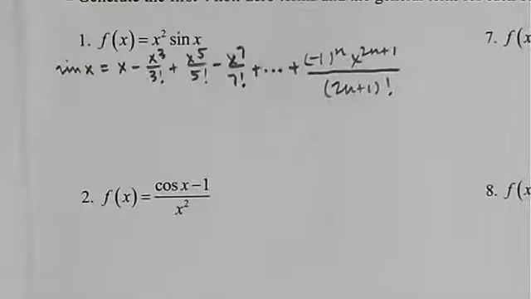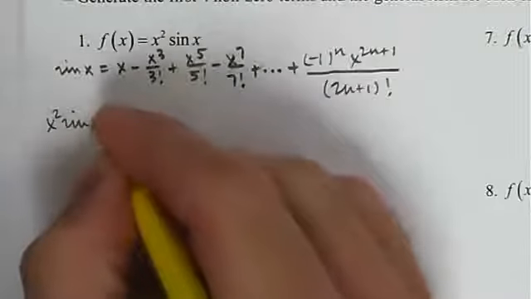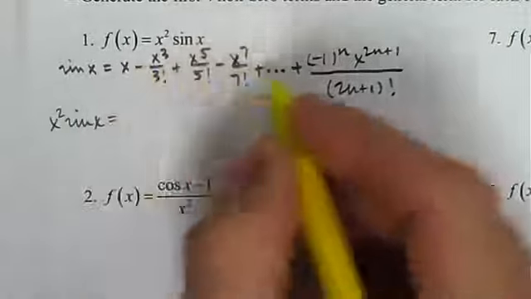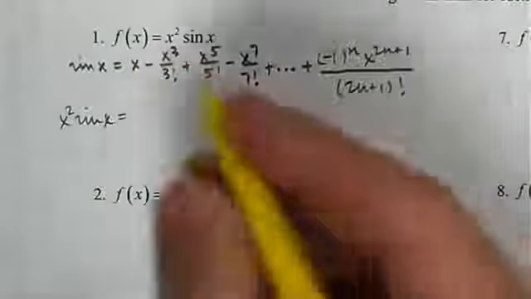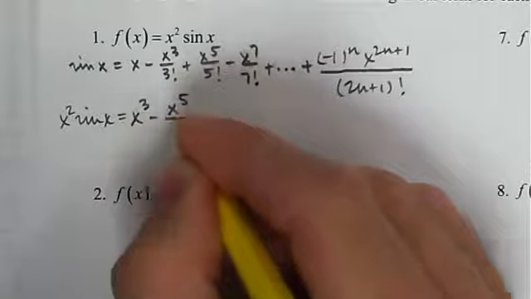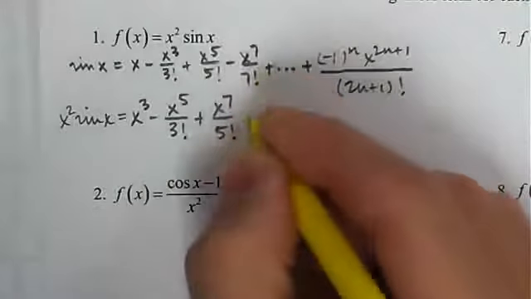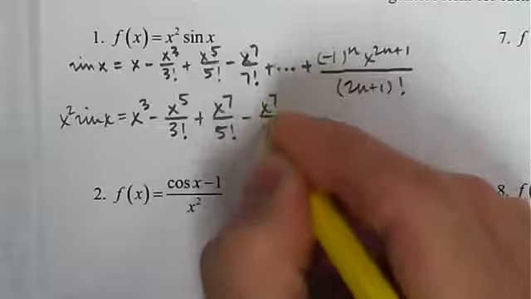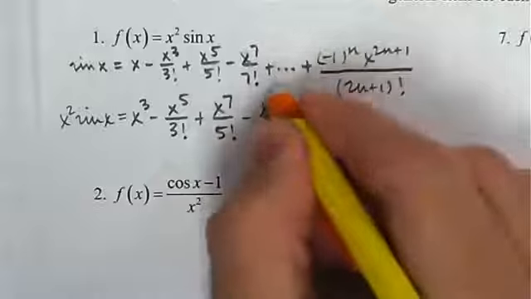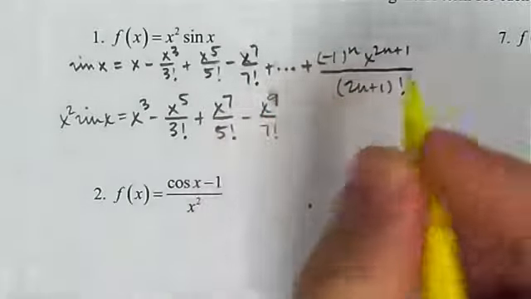So that would mean x squared sine x is going to be, well, I'm going to just multiply each of these things by x squared, because it's like I'm taking this whole thing and distributing in x squared to each term. So x times x squared is x to the third minus x to the 5 over 3 factorial plus x to the 7 over 5 factorial minus x to the 7 over, no, that's going to be x squared times x to the 7 is x to the 9 over 7 factorial.